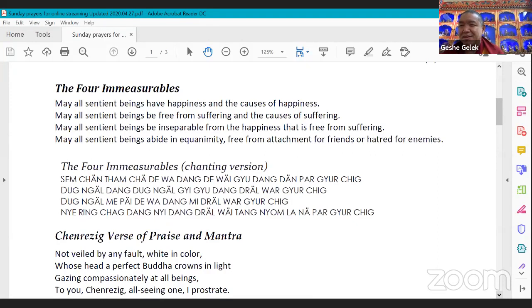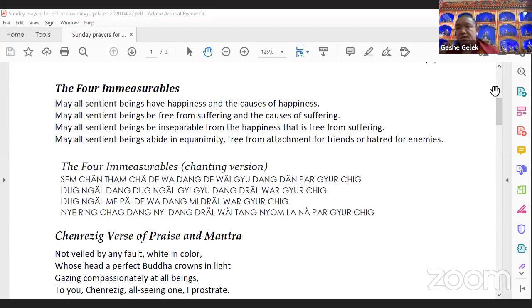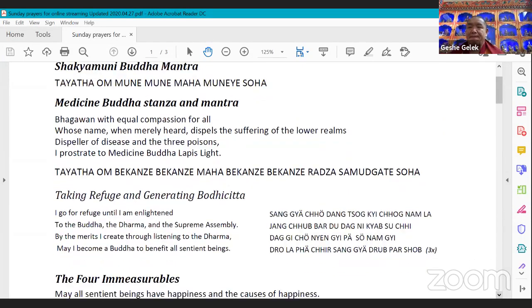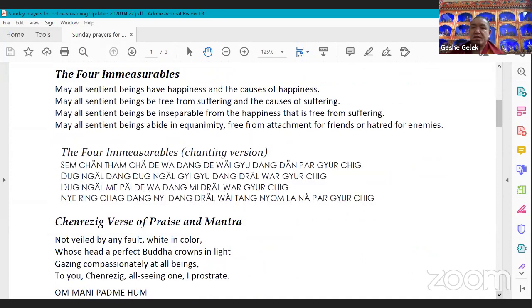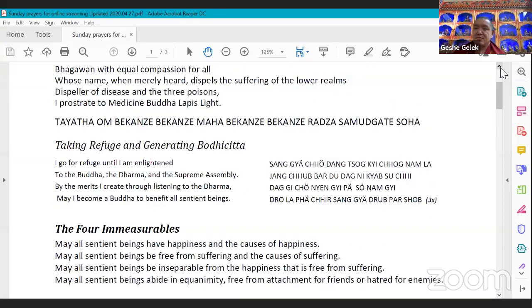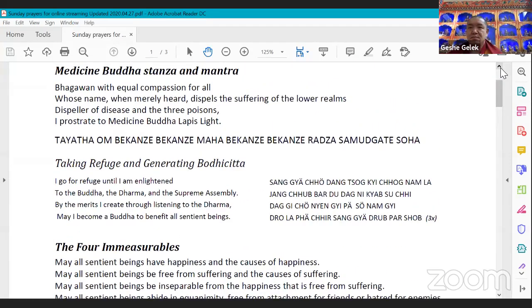Amula, can you bring up the text, please? For Medicine Buddha, the whole page. The page you just brought up, please. Where there's a refuge and Bodhicitta prayer. This one? Here's the prayer. Tamla, I cannot see.